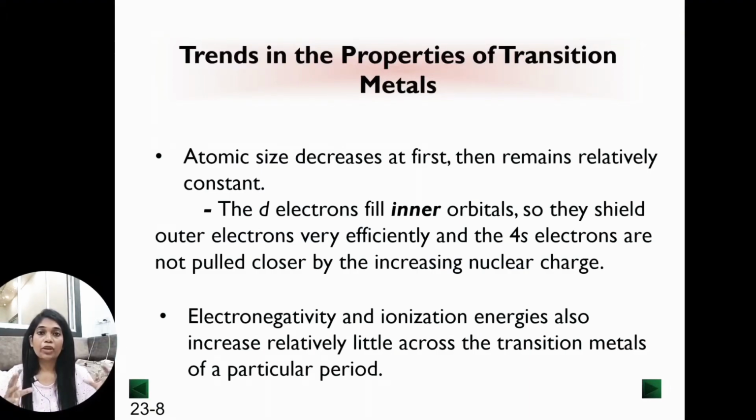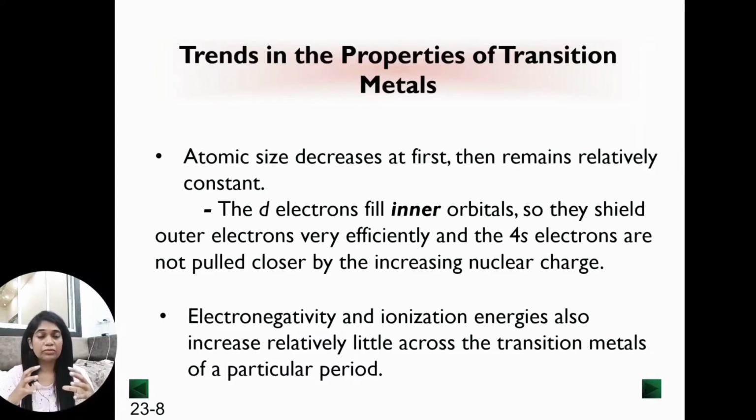Because the size of the atom is becoming smaller and smaller, it is hard to remove the outermost electron. What is ionization energy? It is the energy required to remove the outermost or valence electron from a gaseous atom.